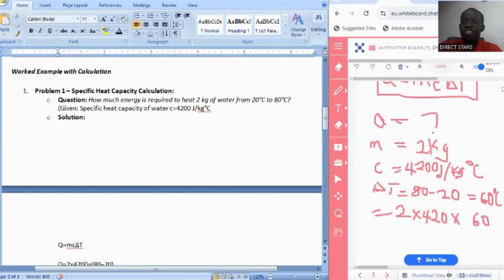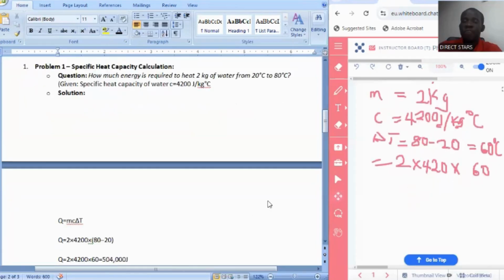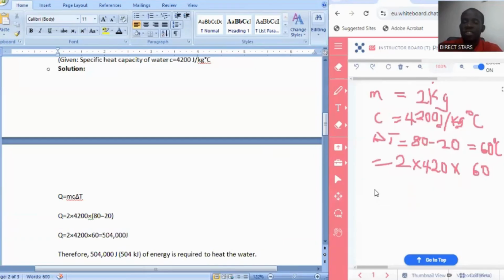If you multiply it, you are going to get a very simple figure, which is 504,000 joules.